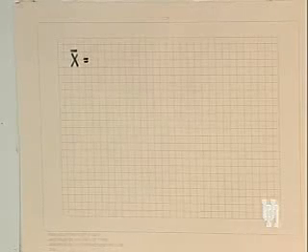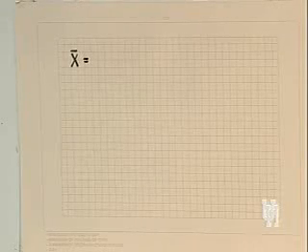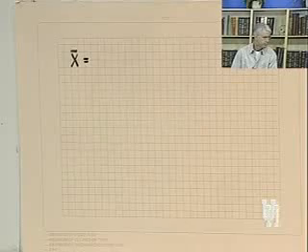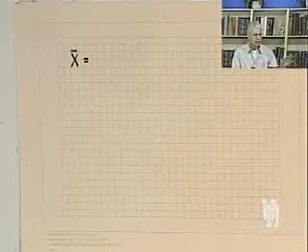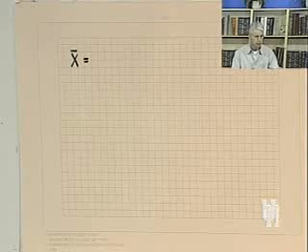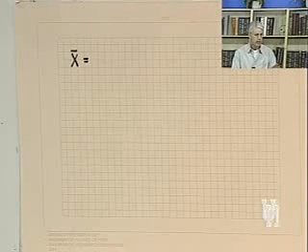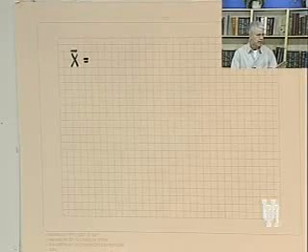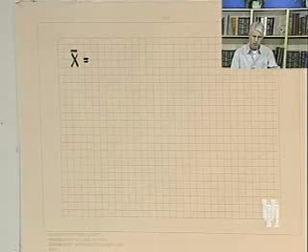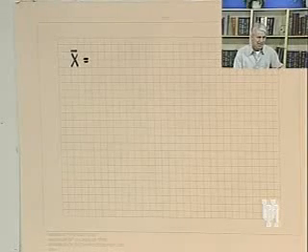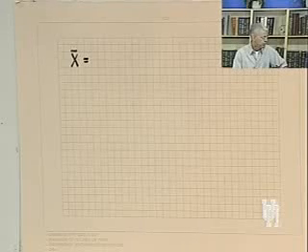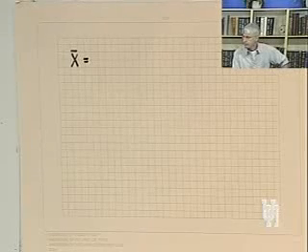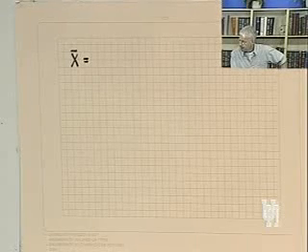Let me ask you, what is X bar notation for? Let's also remember that we have to press, hold, and talk. What is X bar notation for? The mean. Which mean? Sample mean.